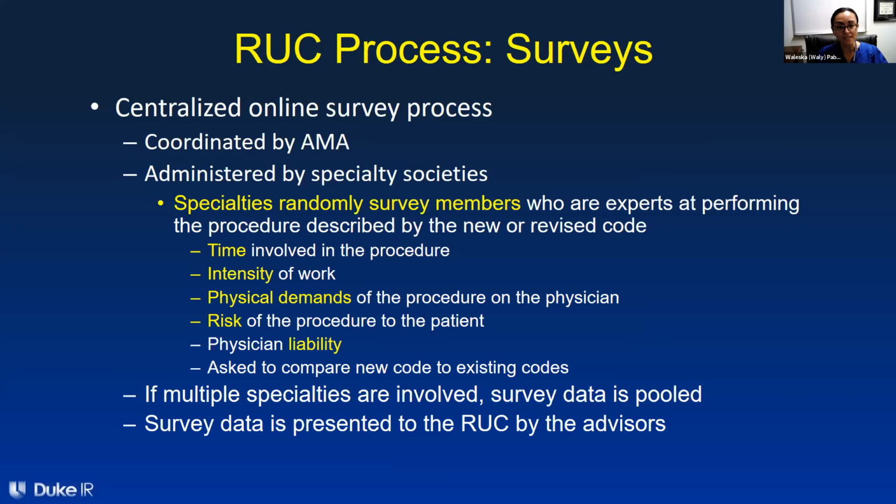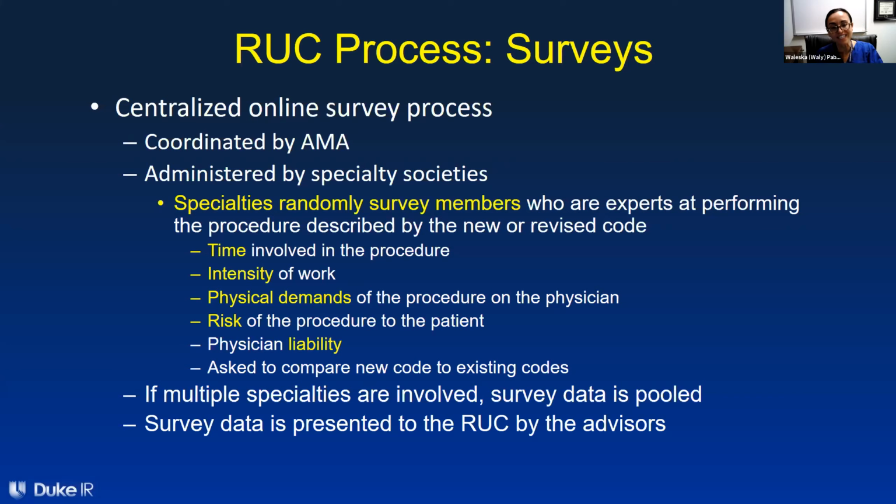It involves the time it takes that provider to perform the service, the intensity of the work, the physical demands on the provider, how risky the procedure is, physician liability, and then the providers are asked to compare that new code being surveyed to an existing reference or index code that already exists.